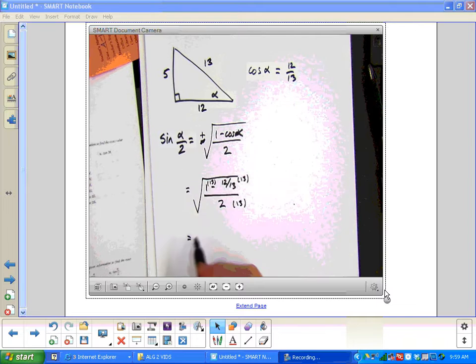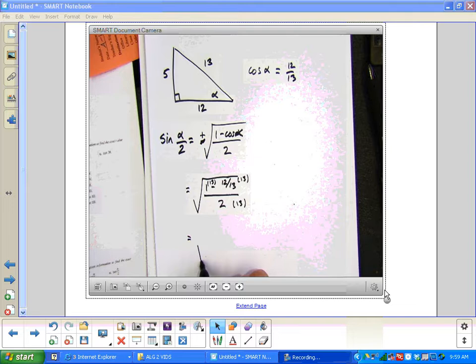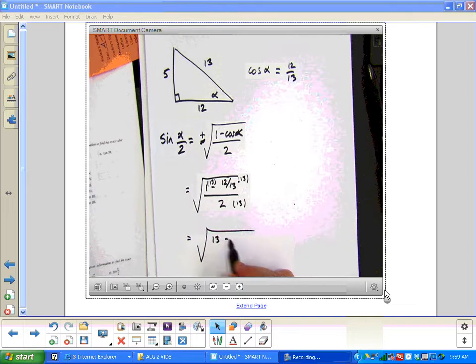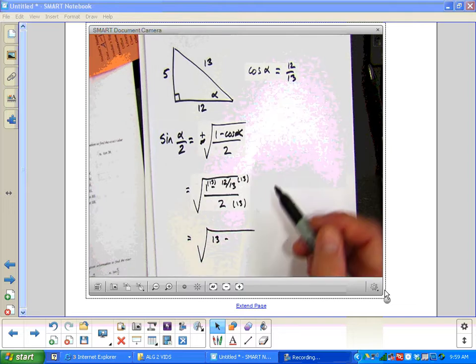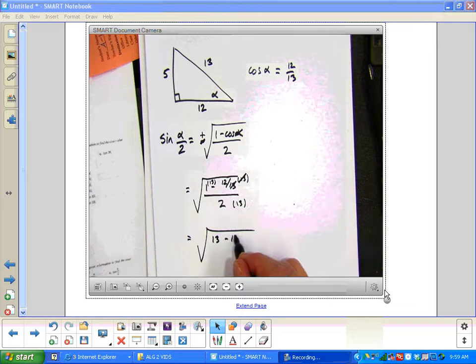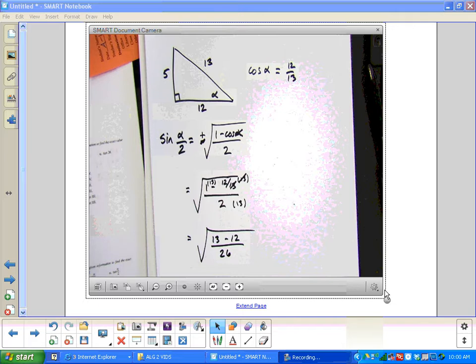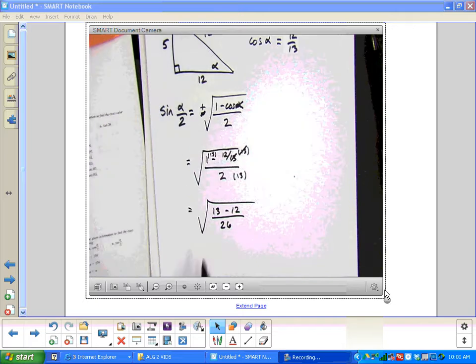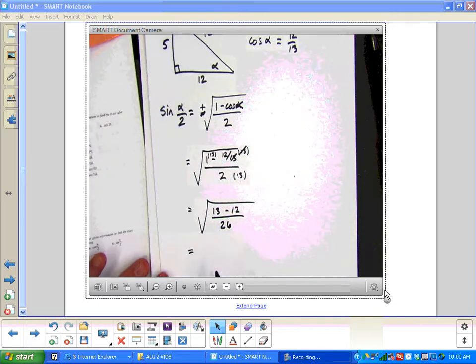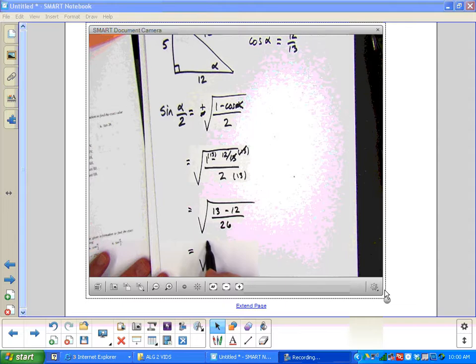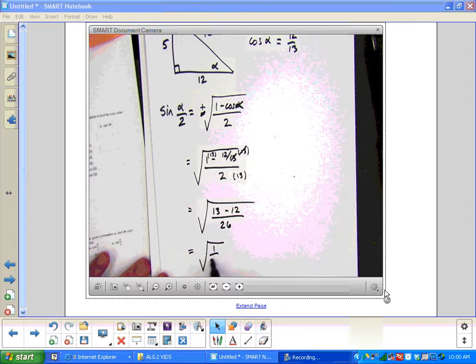So 1 times 13 is going to give me 13. Now what's going to happen here? Right, they'll cancel and just give me 12. And then this will give me 26. Now 13 minus 12 is going to give me 1. So I'll get the square root of 1 over 26.